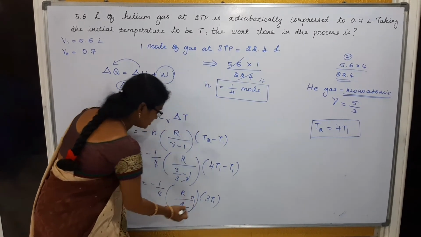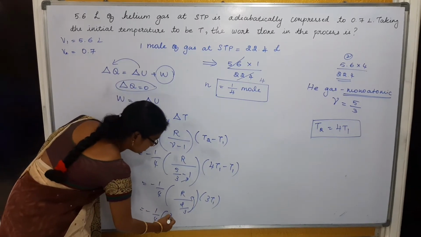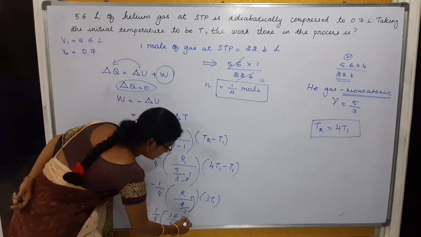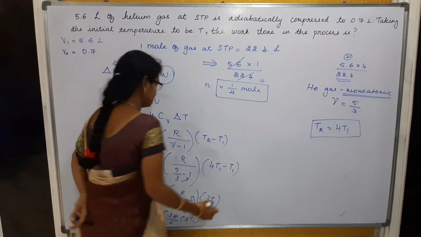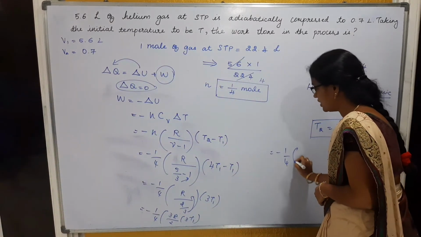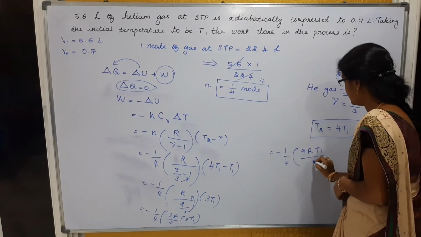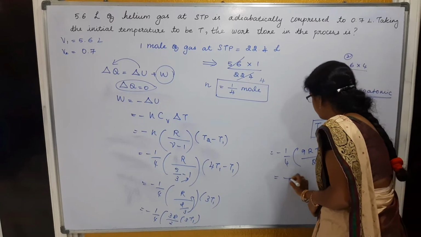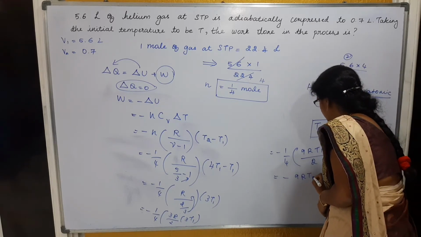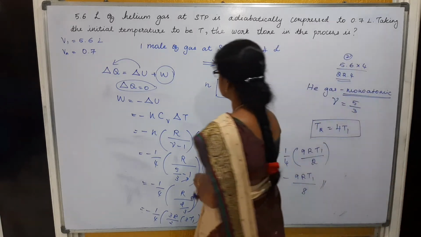Getting this value to the numerator, we get 1 by 4 into 3R by 2 into 3T1. So what solution are we getting now? Minus 1 by 4 into 3 threes are 9RT1 divided by 2. So minus 9RT1 divided by 8. This is the solution we get for this problem.